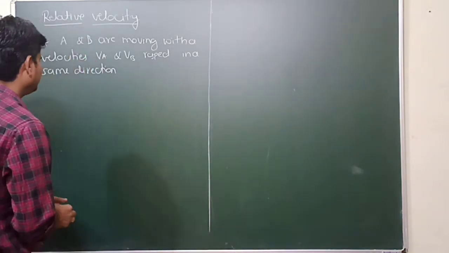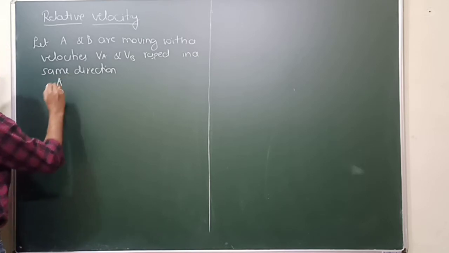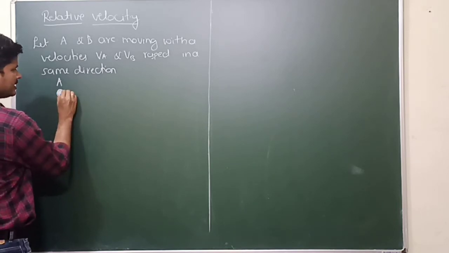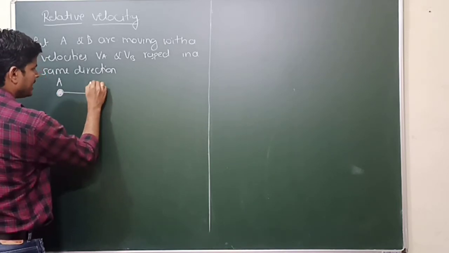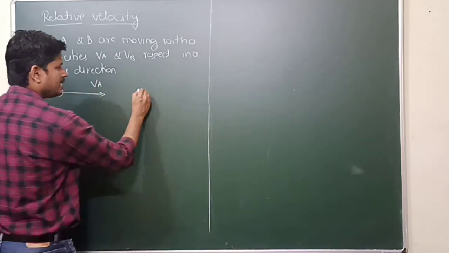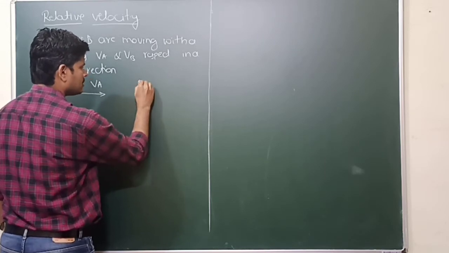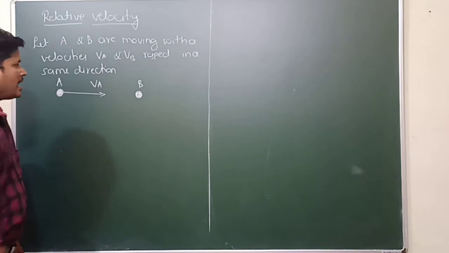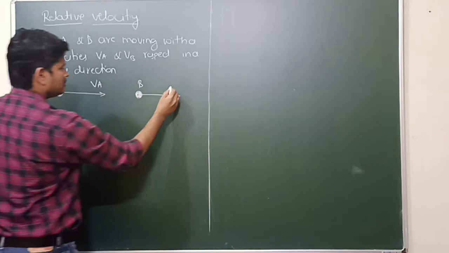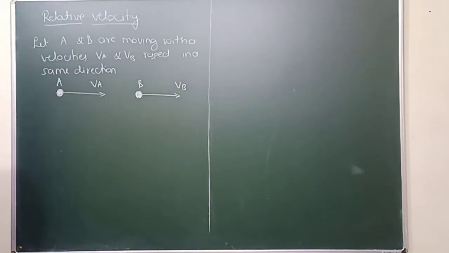That means if this is object A, and object A is moving in this direction with a velocity VA, similarly there is an object B moving in the same direction with a velocity VB, correct.